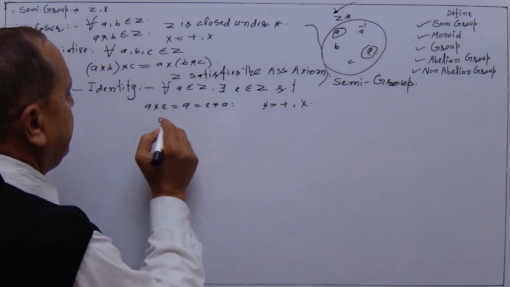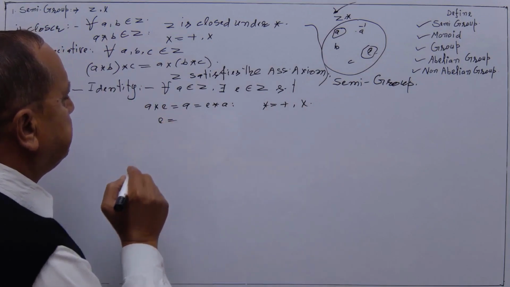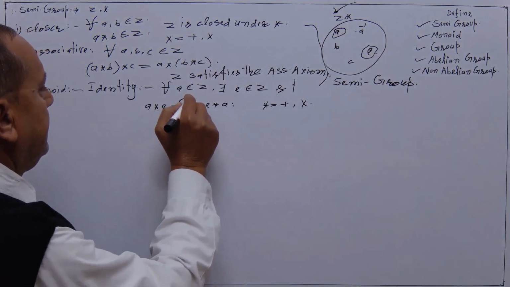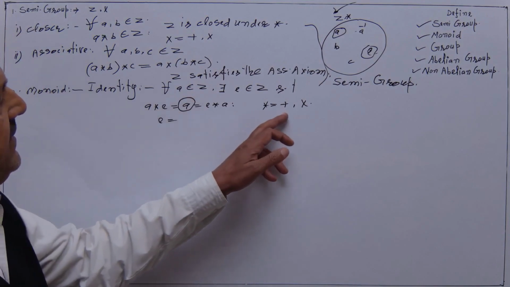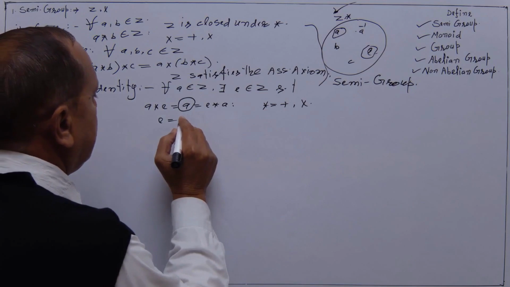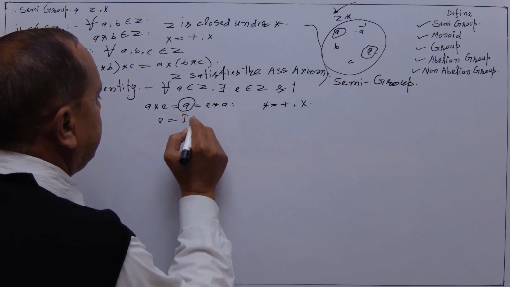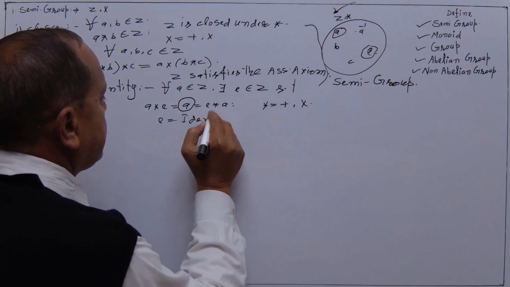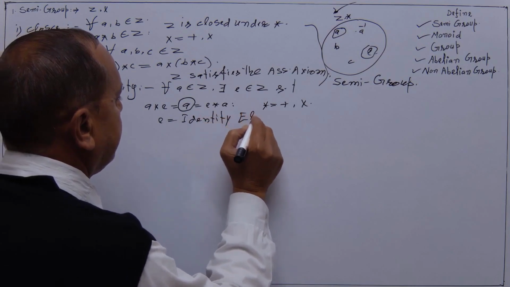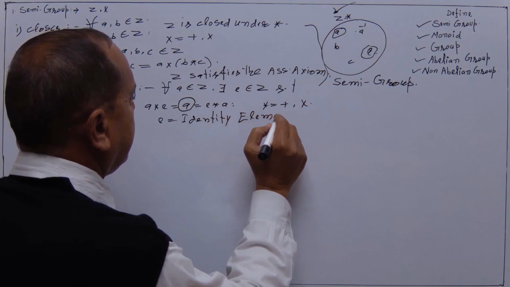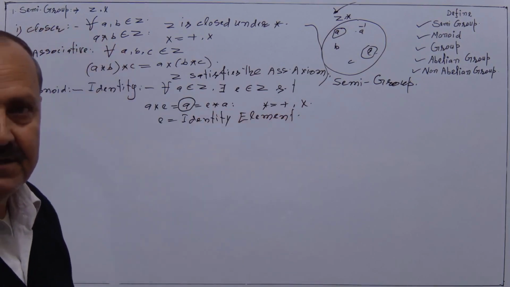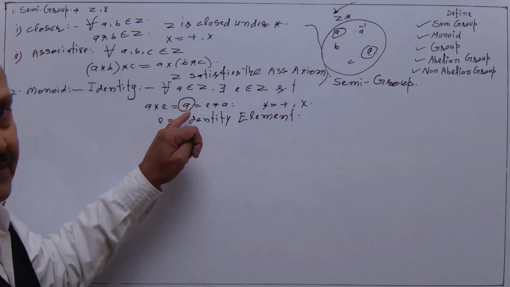This identity element e does not change the value in case of addition as well as multiplication. It does not change the number a.